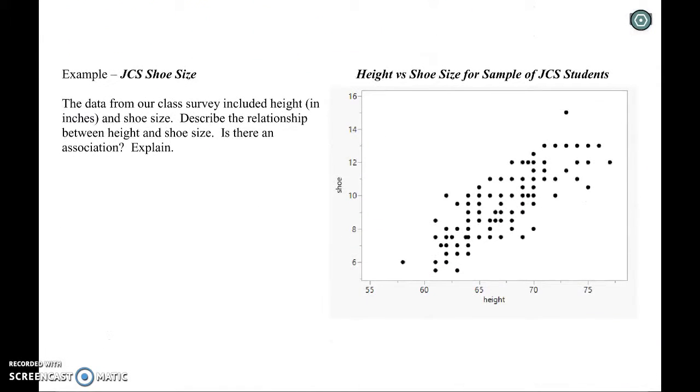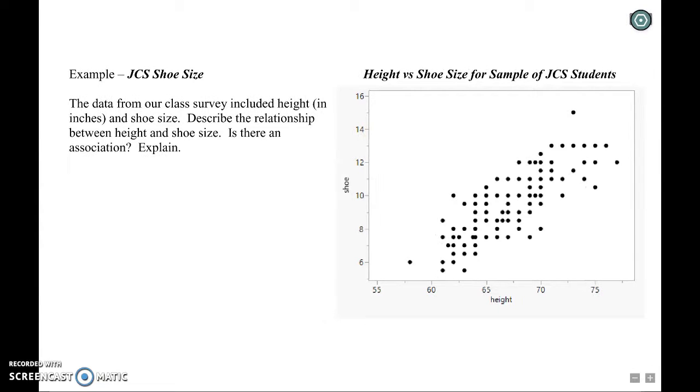Shoe size. This is data from our school. We had recorded people's heights and their shoe size. Describe the relationship. Let's use a sentence here. There is a strength. A lot of variability here. Certainly a relationship. I'm going to say moderately strong. It's going up, positive.